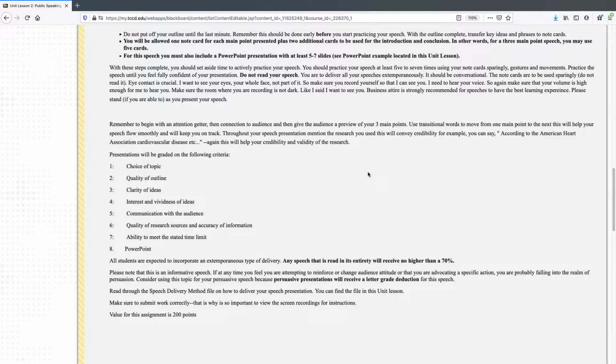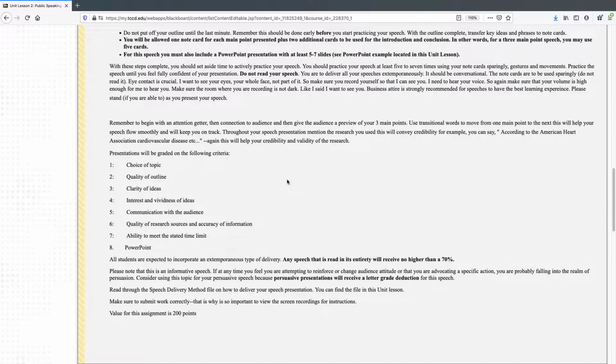Throughout your speech presentation, mention the research you used. This will convey credibility. For example, you can say, according to the American Heart Association, cardiovascular disease is... This will help the credibility and validity of your speech.